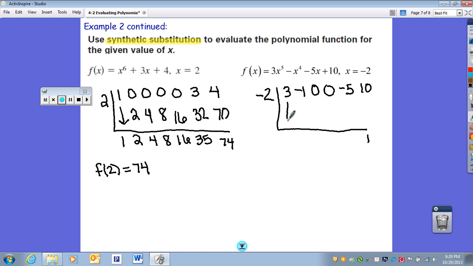So the first thing I do is bring down my leading coefficient. I'm going to multiply, putting my answer here, and then adding the two together. I'm going to multiply, which gives me 14, and then I'm going to add the two together. I'm going to take -2 times 14, which gives me -28, and I'm going to add the two together.